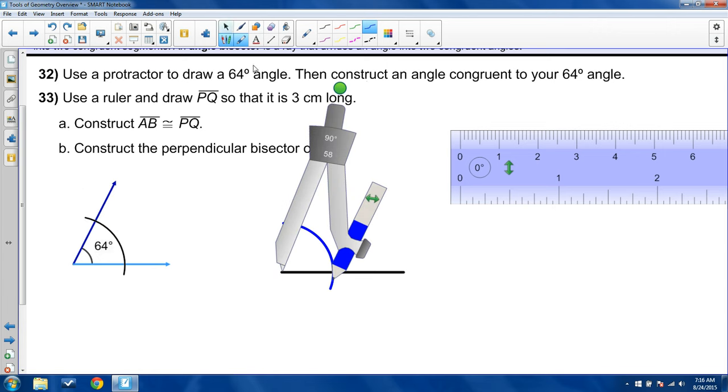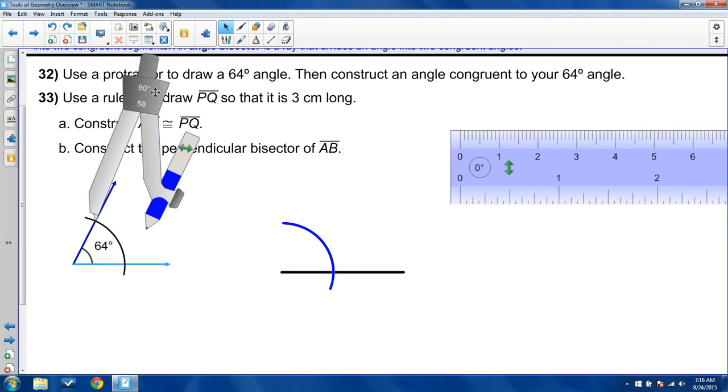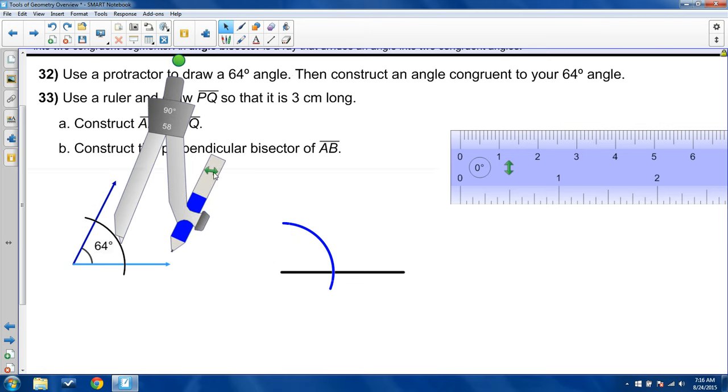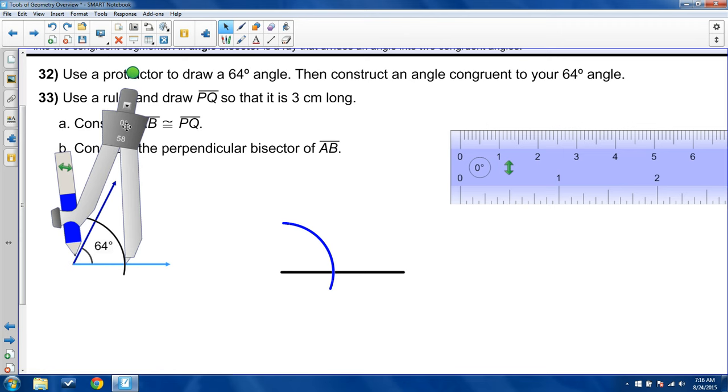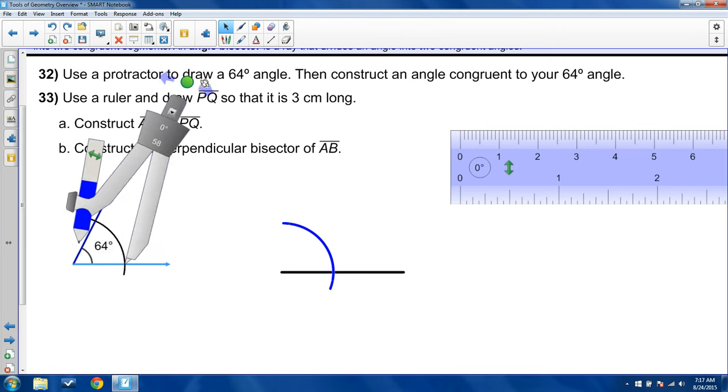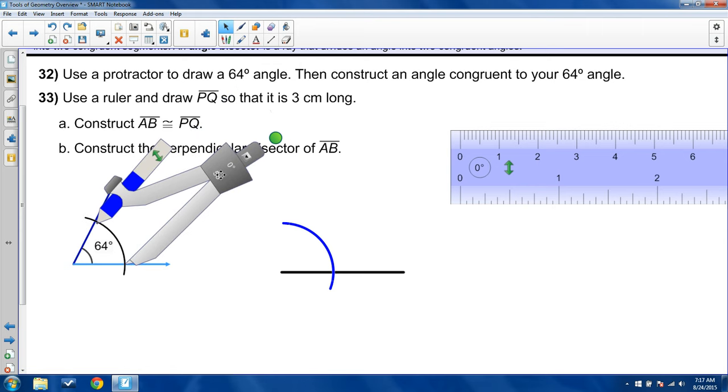Now what I want to do is go back to my original angle, go to one of my two intersecting points with arc and angle side, and I'm going to try and match the width of the compass with these two points right here. I can't do it perfectly, you see, but I can try.